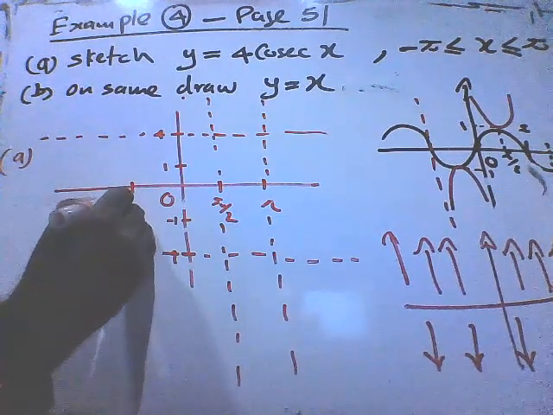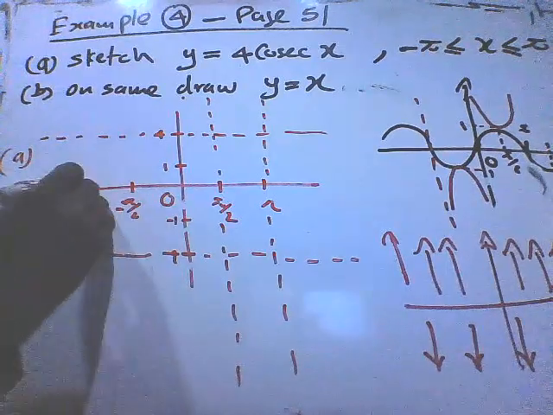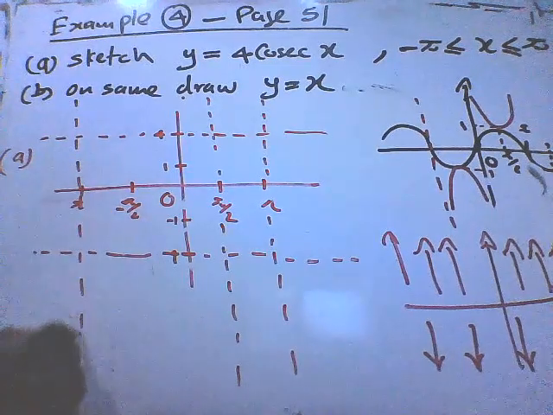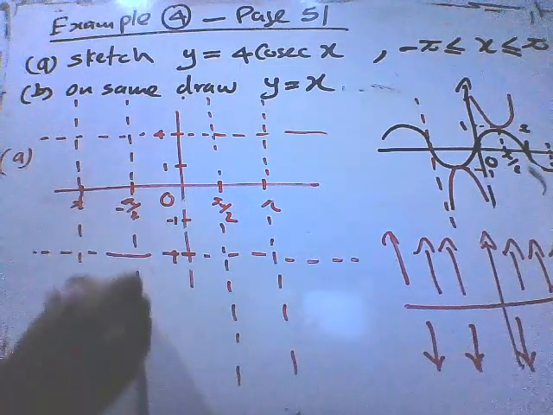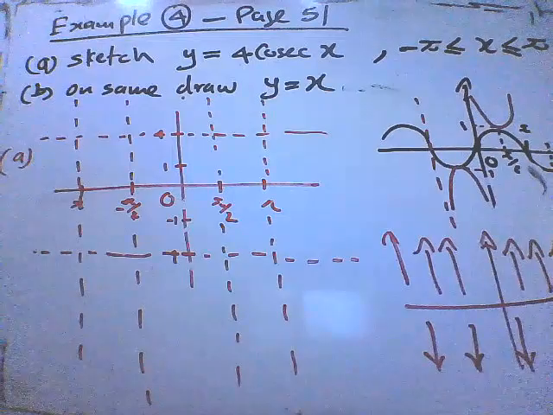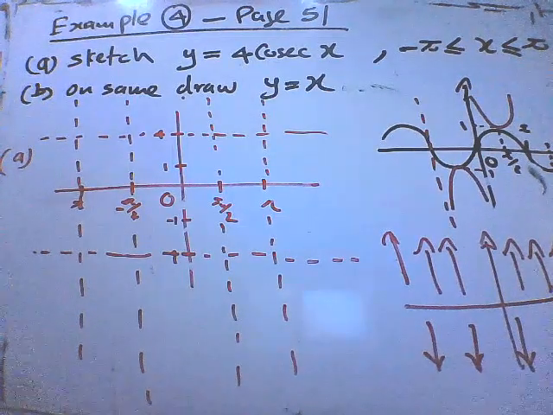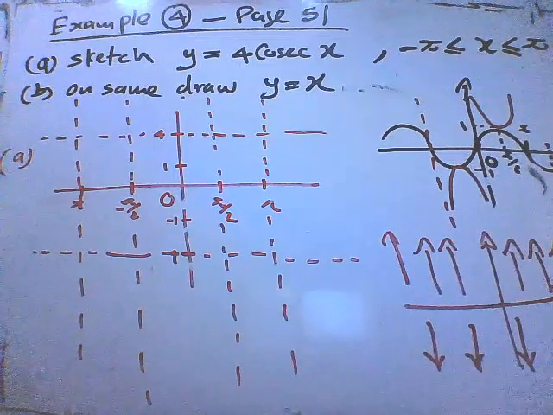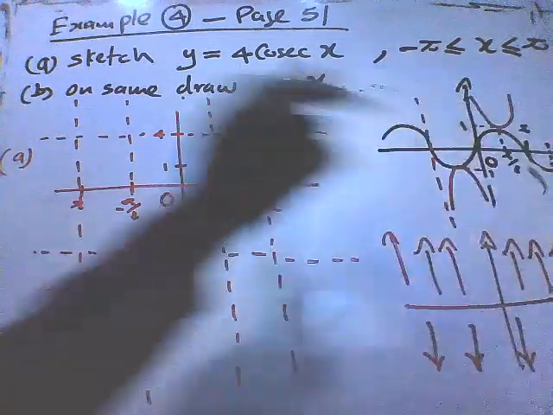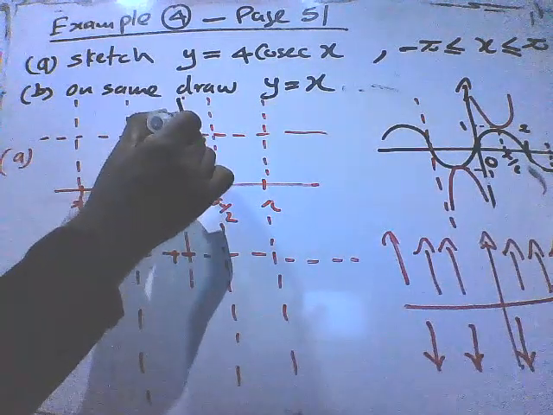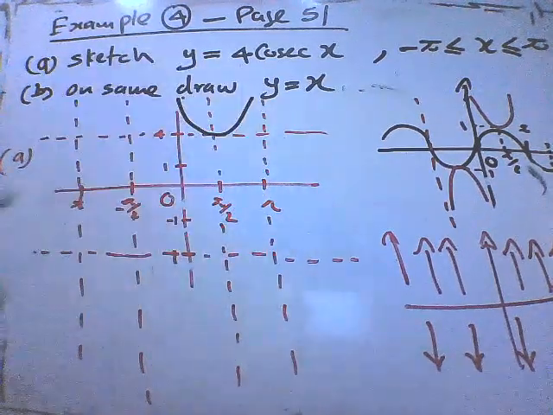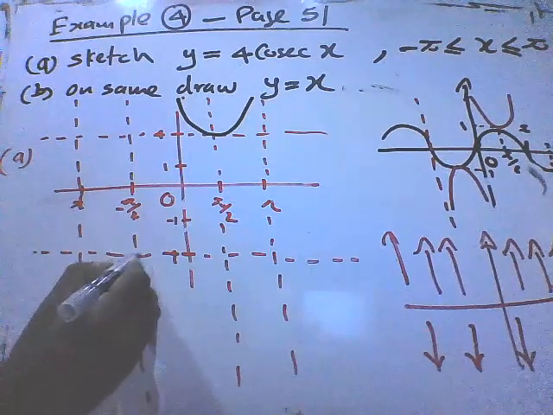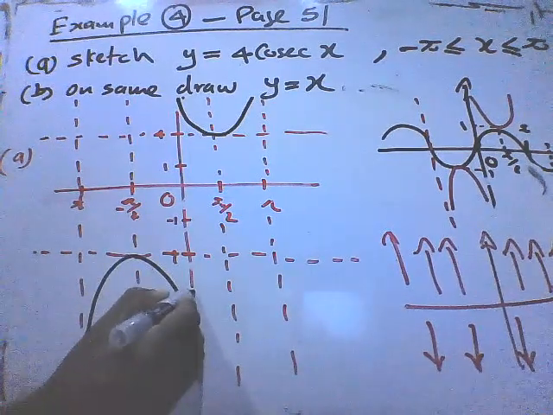So here minus pi over 2, and minus pi. These ones also we can draw, and in black color I will put the 4 cosec x. 4 cosec x should look like this. This part reaching from here and going like this, and in this part reaching from here reaches minus 4 and goes like this.